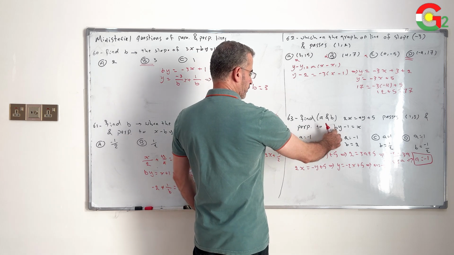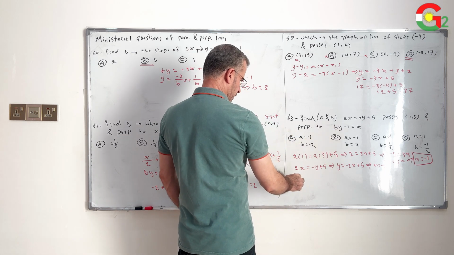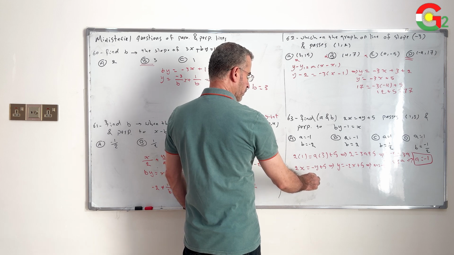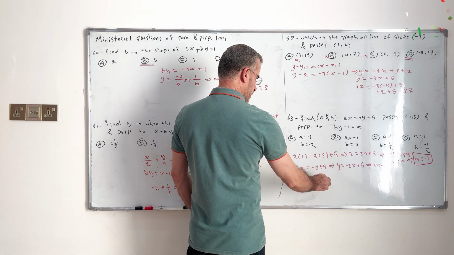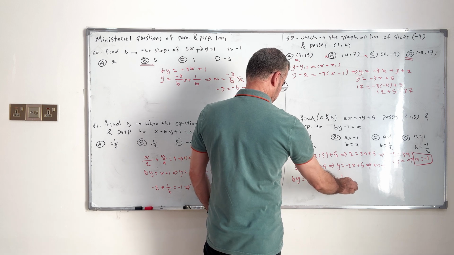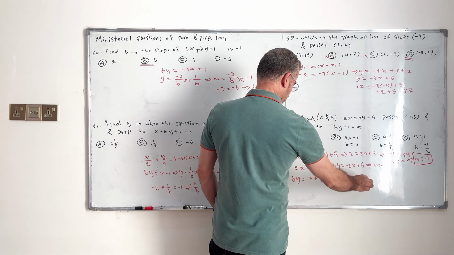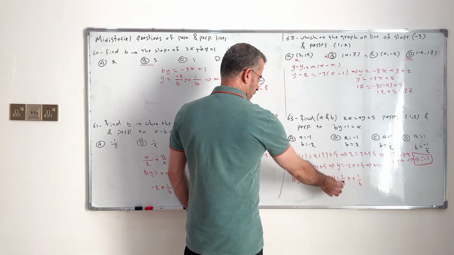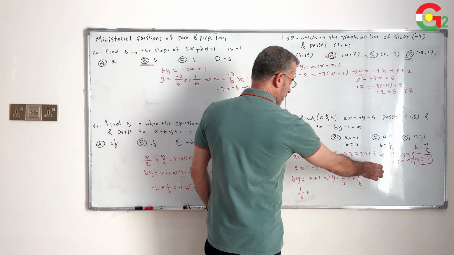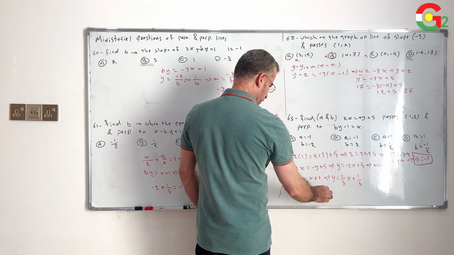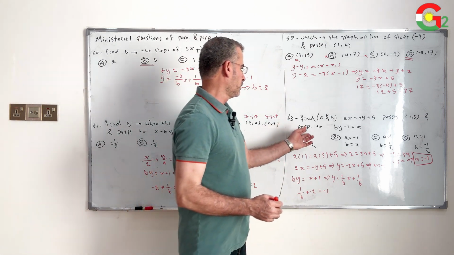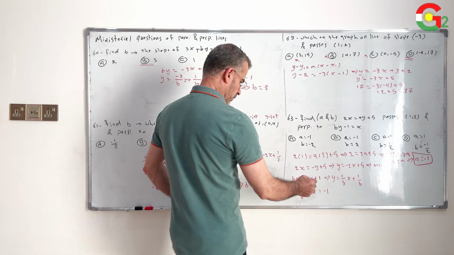Then the slope of this line: let me rewrite it in standard form. by equals x plus 1, so y equals 1 over b times x plus 1 over b. 1 over b times negative 2 should be equal to negative 1 since the two lines are perpendicular.